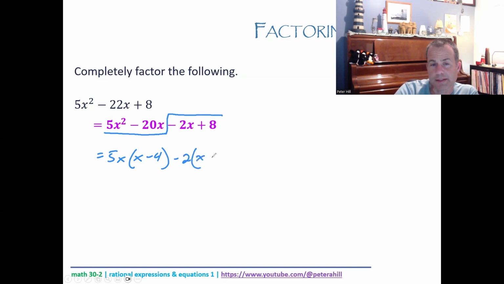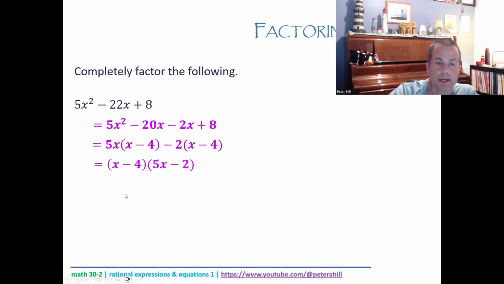And that would be x minus 4. Again, I really want to stress when you take this number out, it's super important that there's either a subtraction sign or a plus sign there, depending on whether it's positive or negative. Okay, then the x minus 4 is the same, so it can be pulled to the front. And what will be left over is my 5x minus 2.